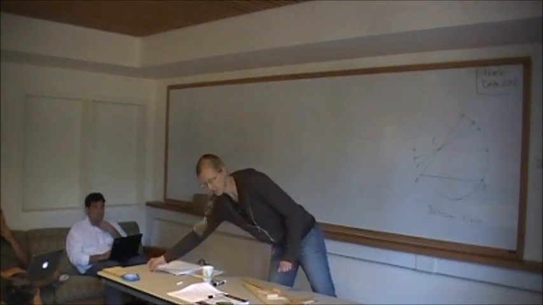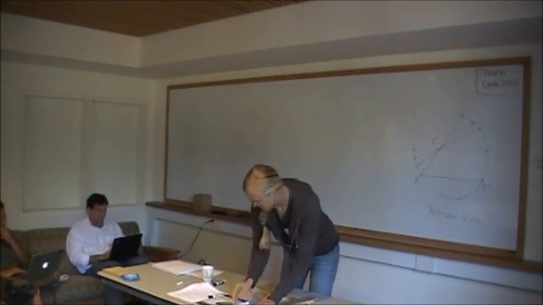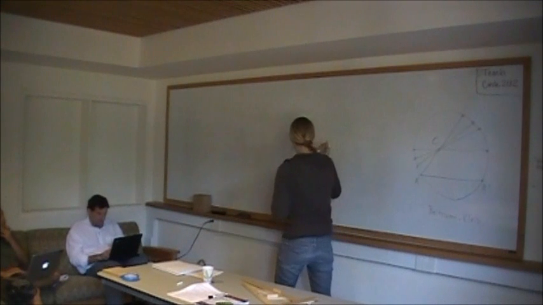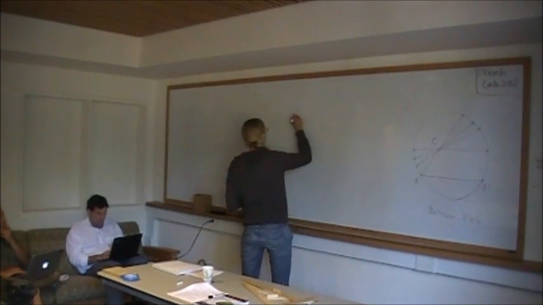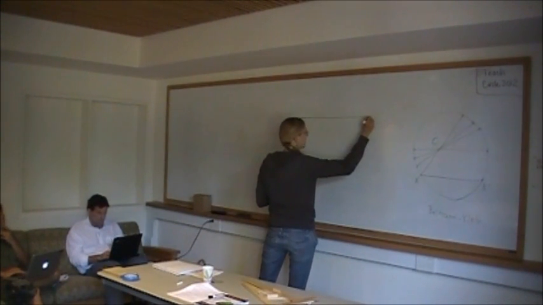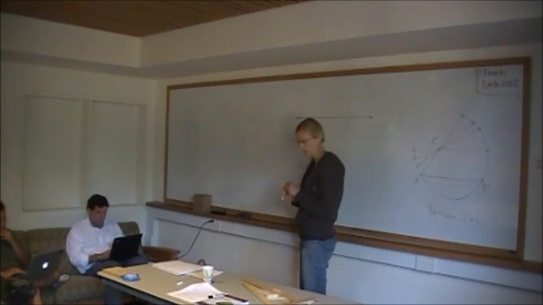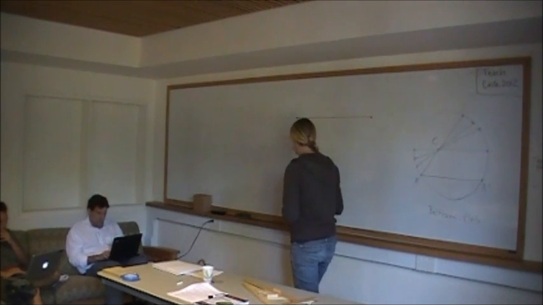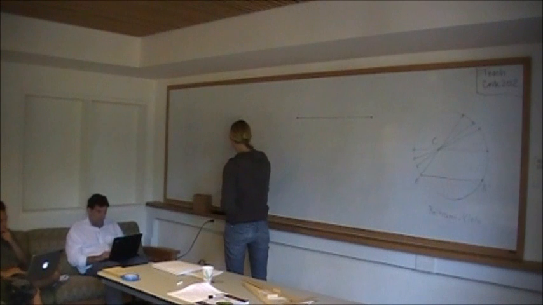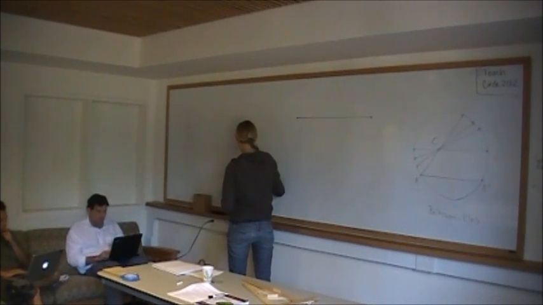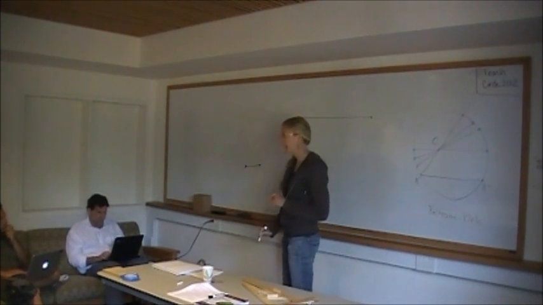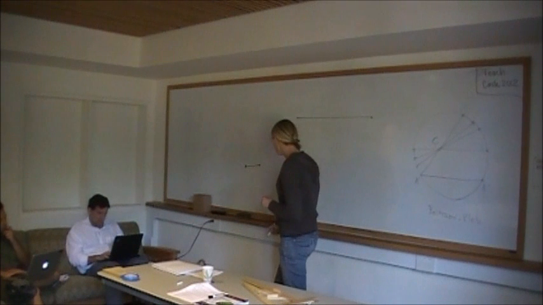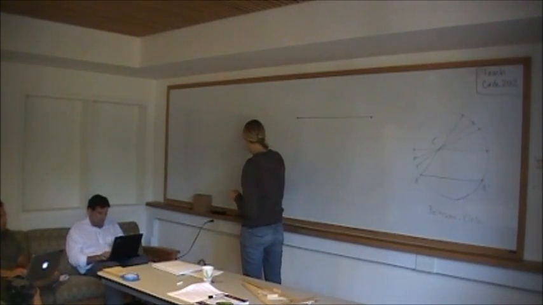So I'm going to start with a segment that I want to cut up. And over here, I just make some other segment, and I'm going to turn that segment into my ruler. So this segment is going to be one part of a segment with 3 parts.